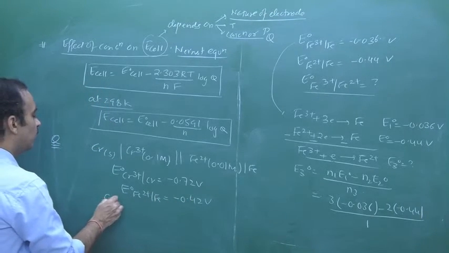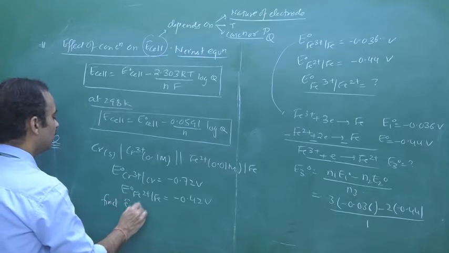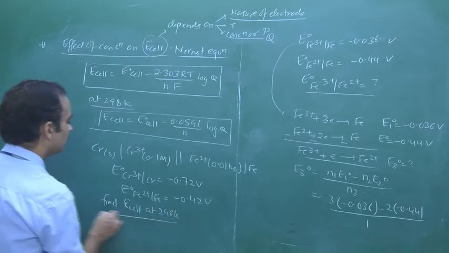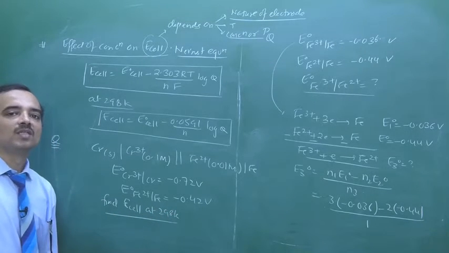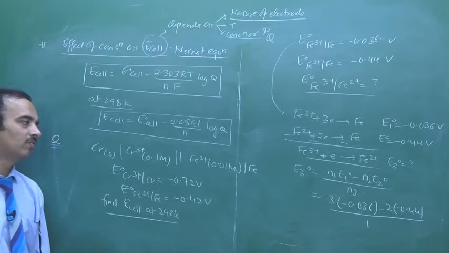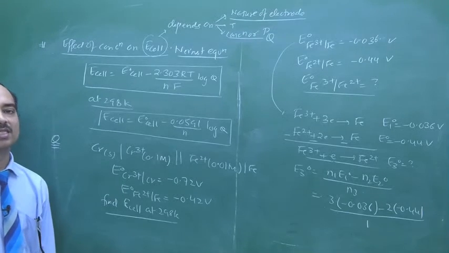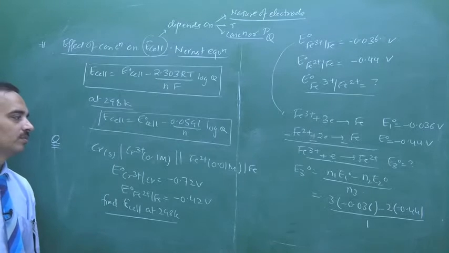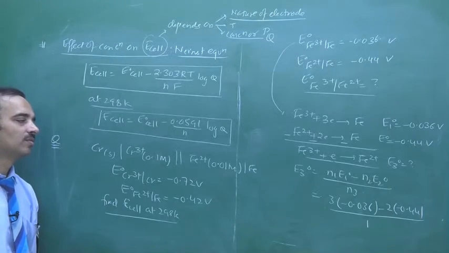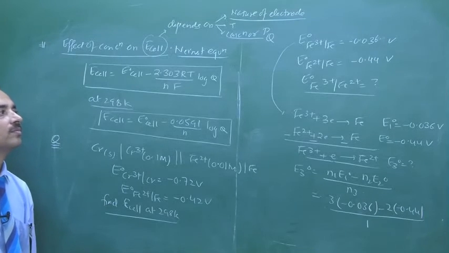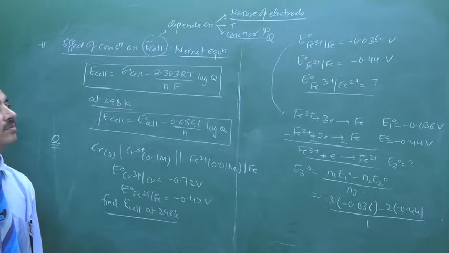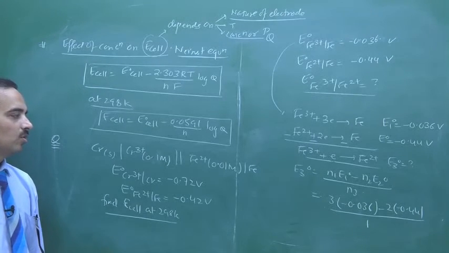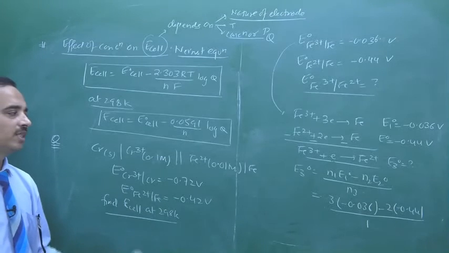We have to find out the EMF of the cell at 298 Kelvin. How can we find this? Beta, can you attempt this question? So try to attempt this question. Till then, let me check your doubts.